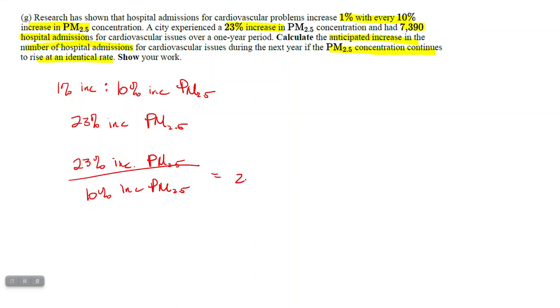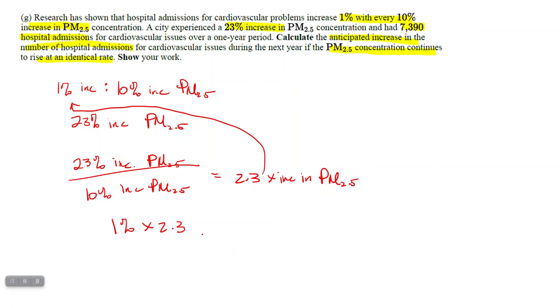And I said, okay, I have 2.3 times the increase in PM 2.5. That means I can go back and apply this 2.3 here and say, okay, that means I'm going to have 1% times 2.3. I'm going to have a 2.3% increase in cardiovascular problems.